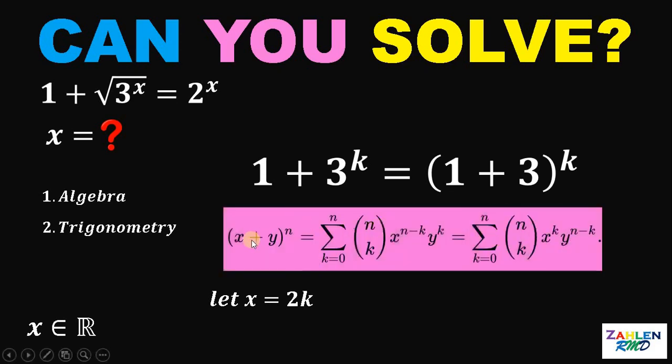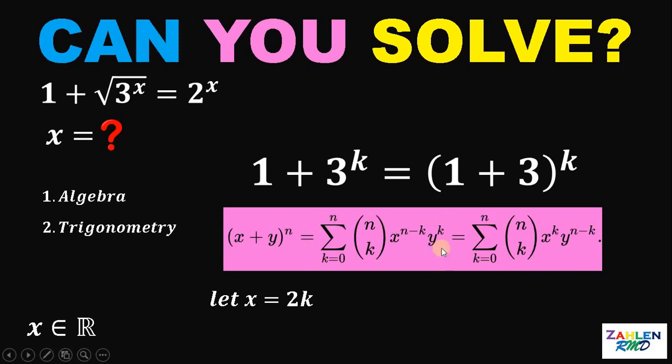So if we have x plus y raised to n, it is equivalent to the summation of n choose k times x raised to n minus k times y raised to k as k goes from 0 to n. Or it is equal to the summation of n choose k times x raised to k times y raised to n minus k as k goes from 0 to n.